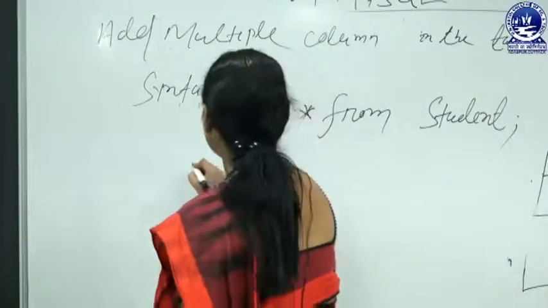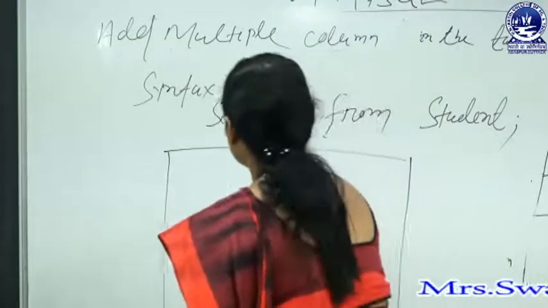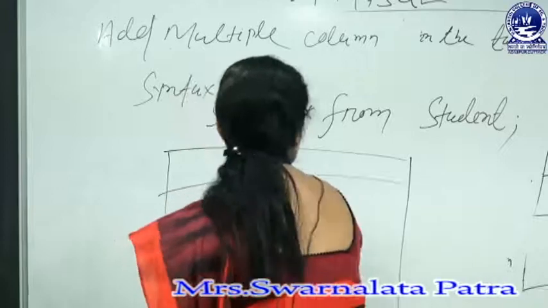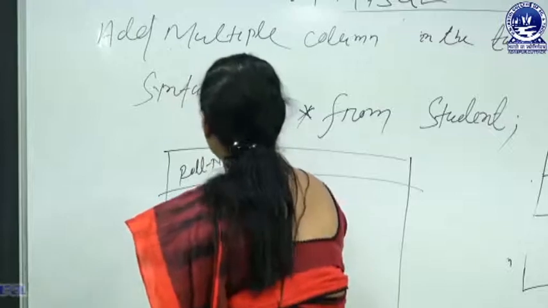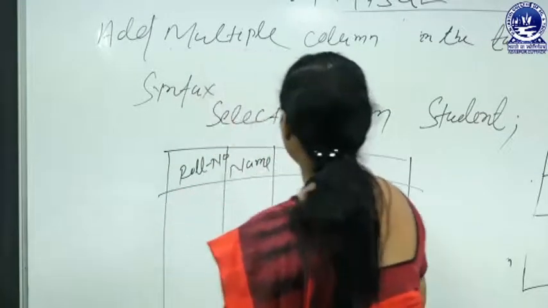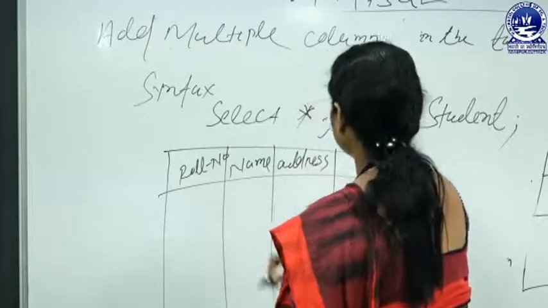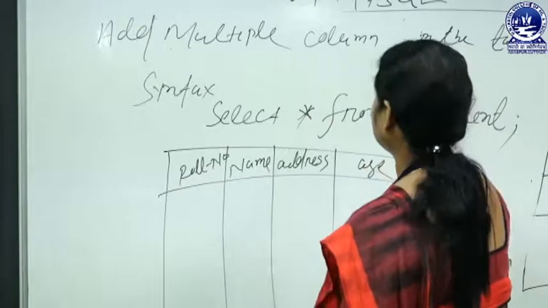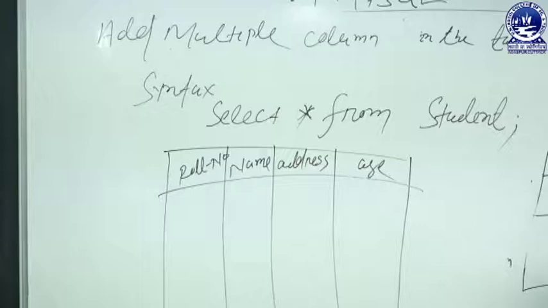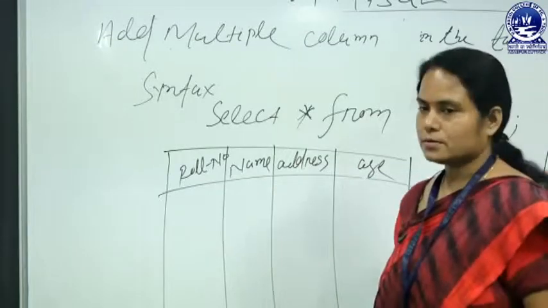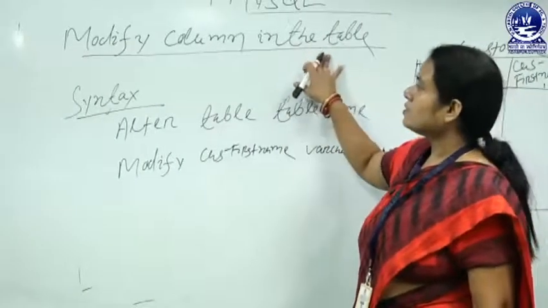Here the existing columns are roll number, name, and address, then age. Two new columns are added to the existing table.